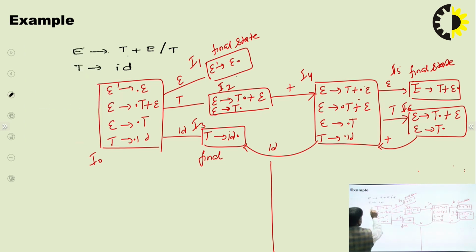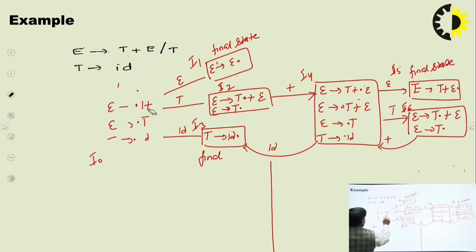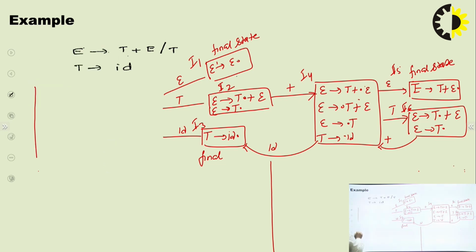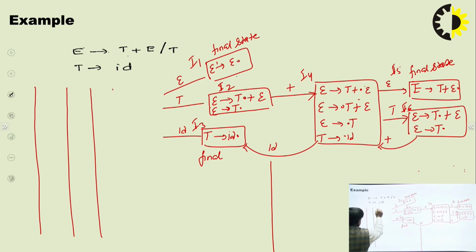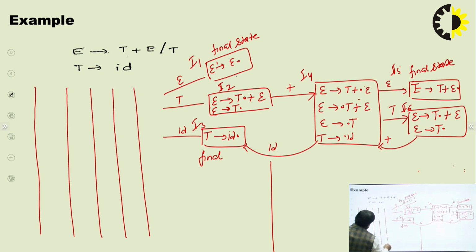Now here we don't need this one, so we remove this one and we assume that this is the I0, no problem, and we draw here the action and go to table. How many terminals are here in this production rule?